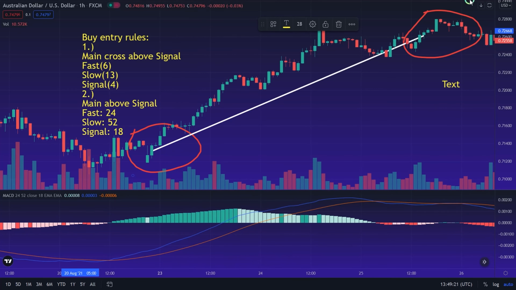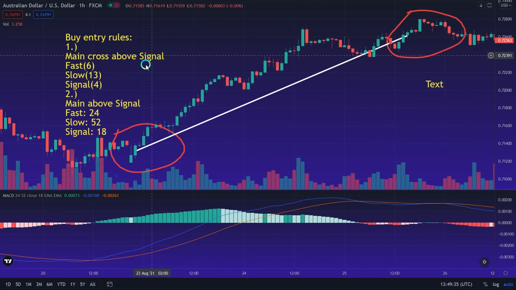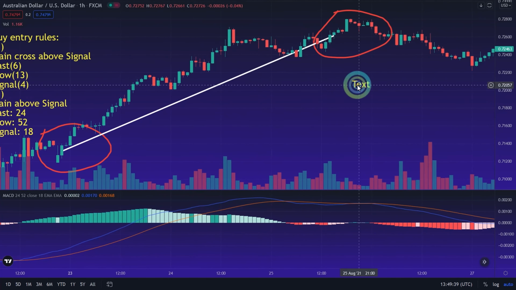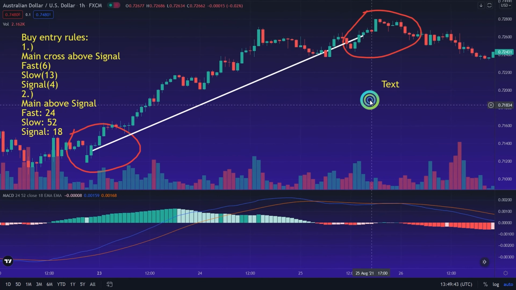So it is not some human stuff that I draw. It is real data. So this is where the strategy picked up the trade, and this is where we will be closing it.